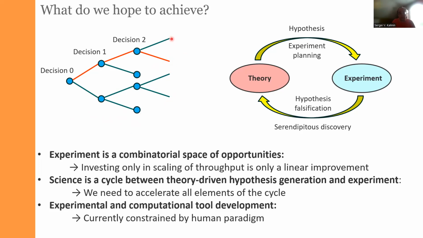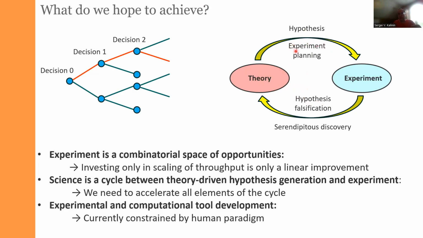Also, an important thing is that when we make decisions, we typically make them not based on the data only. In any scientific experiment, we constantly have this feedback between the theory and experiment. Theory basically tells us this is what we're interested in, this is the hypothesis we make.